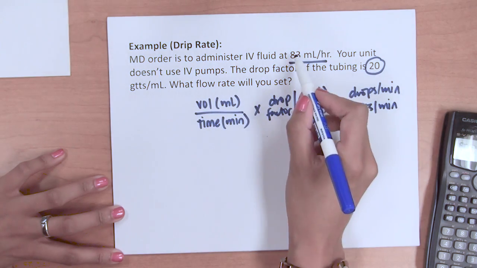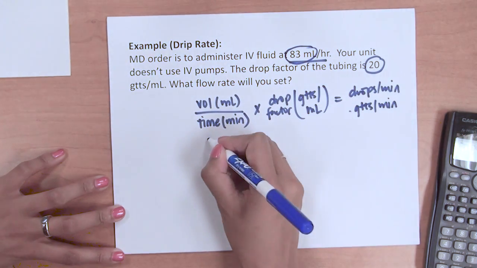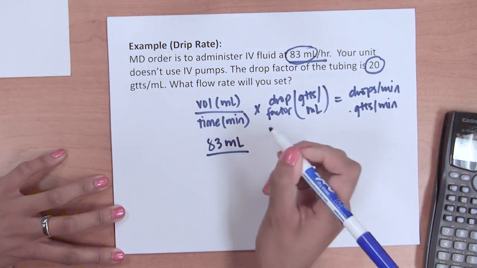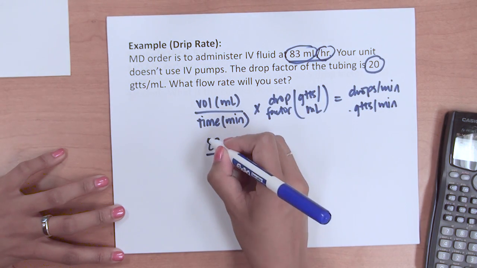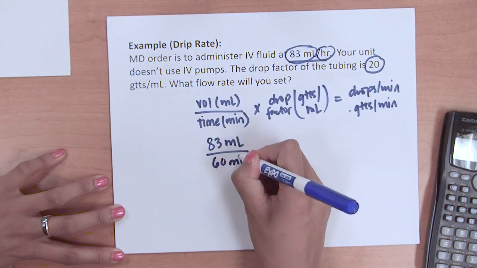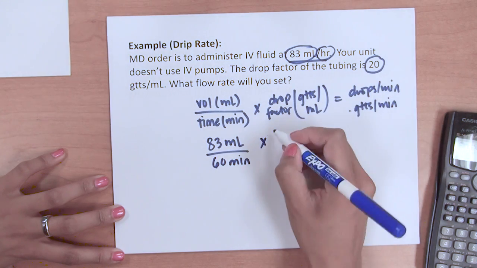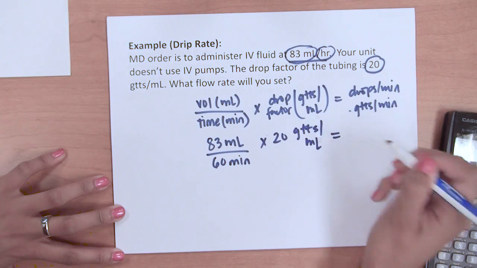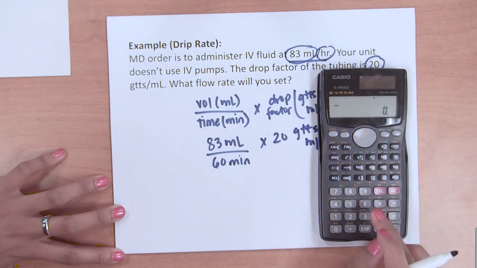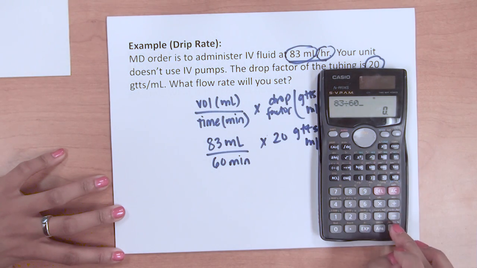So our volume is 83 mils. Time is 1 hour, which is equal to 60 minutes. Times your drop factor, which is 20 GTTS per mil. Put that into the calculator. 83 divided by 60 times 20.